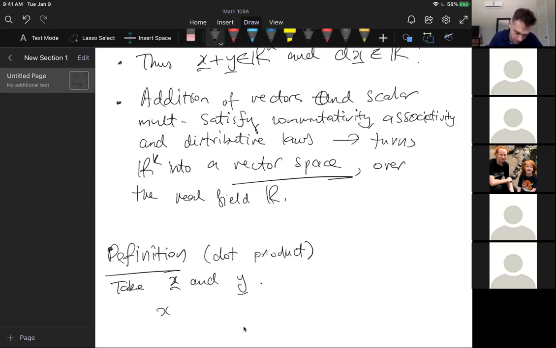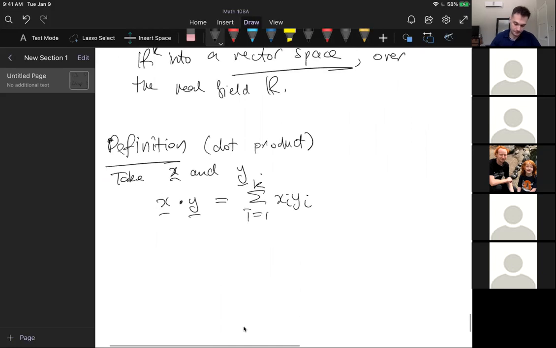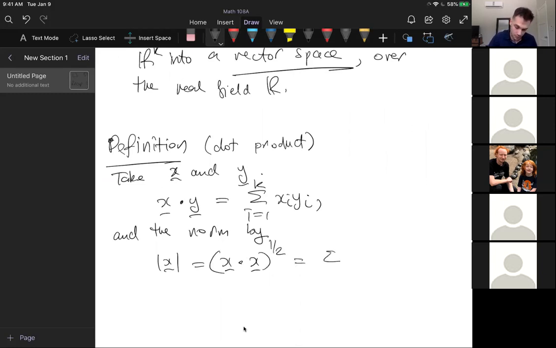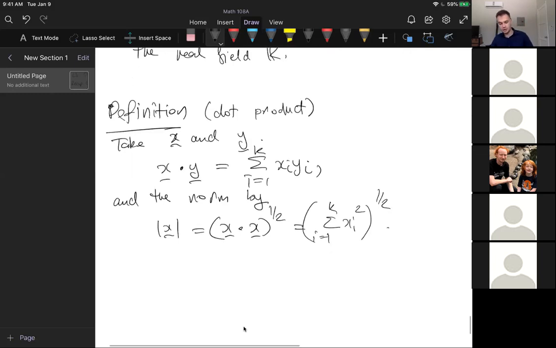We can define the dot product x dot y as being the sum from i equals 1 to k of xi yi, like this. And the norm is defined by the square root of the dot product, which is the sum from 1 to k of xi squared, to the power one half, like this. So kind of introducing all the things that we've used in calculus.